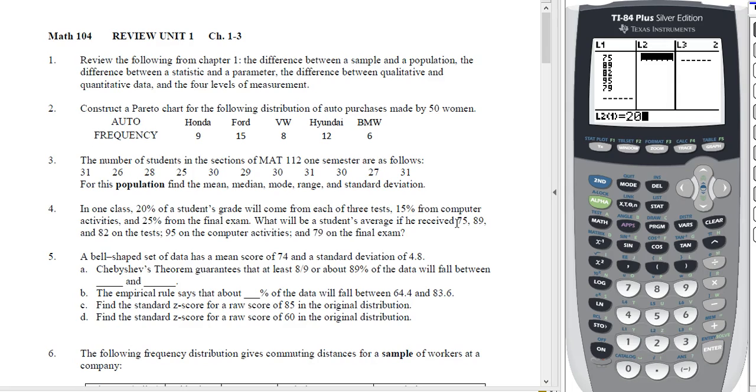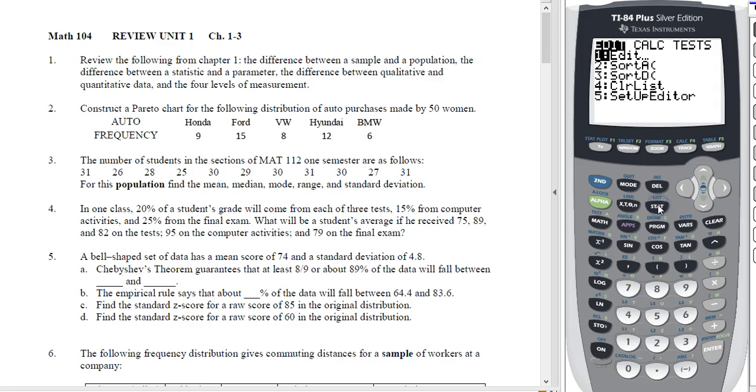Each test is worth 20%, so we put 20 in list 2 next to the 3 tests, and then the computer activity is 15%, so that goes across from the grade for the computer activity, and then the final exam is 25%, so that goes last. Do not sort either one of these lists, and make sure that it's paired up the way it should be.